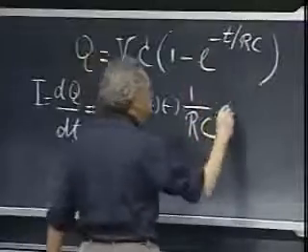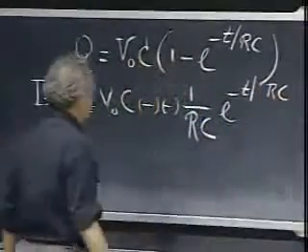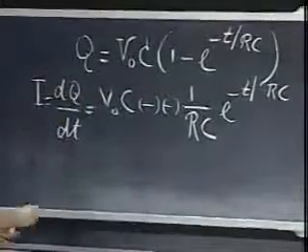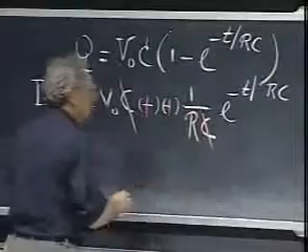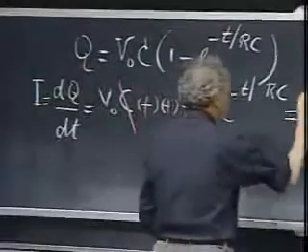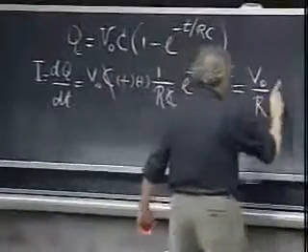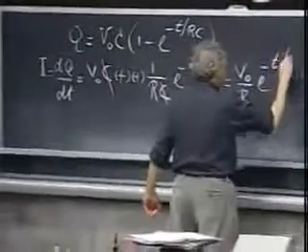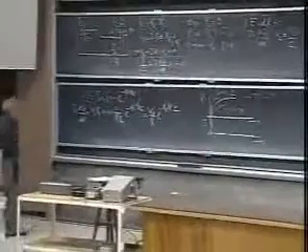And then I get e to the minus t divided by RC. So the two minus signs eat each other up, and I lose one C here. And so I get that the current, as a function of time, is V0 divided by R times e to the minus t divided by RC. So that's the curve at the bottom.